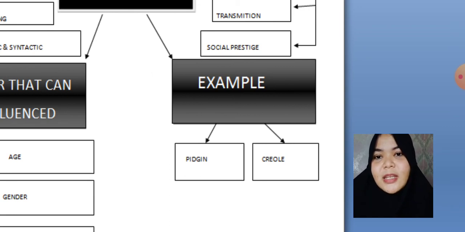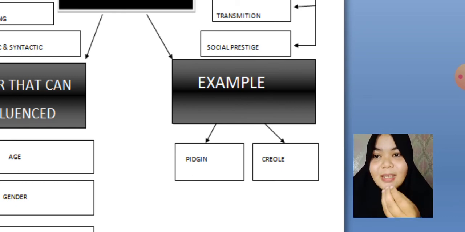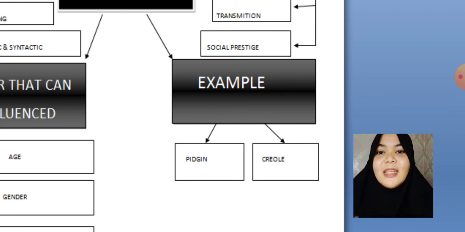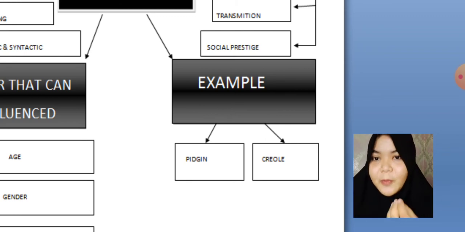Pidgin does not have the standardization of becoming a language. For example, if I am Indonesian and I meet a French person, and we can't understand each other's language, I do this gesture to say that I want to eat, and the French person will understand it as I want to eat. But it is not a new language. It's just a sign that we use because of the situation.